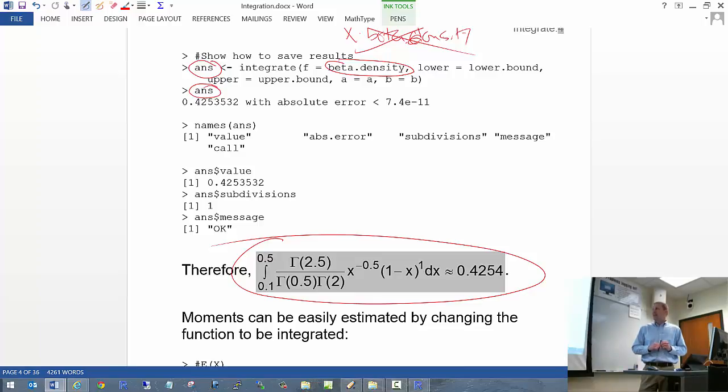And I've looked at the documentation for it, and I have not necessarily seen a list of messages. If you do get something other than okay, I would be concerned. Maybe we can do x times beta dot density and see if we get some other message. Well, I think it will say a syntax error because it's looking for a function.